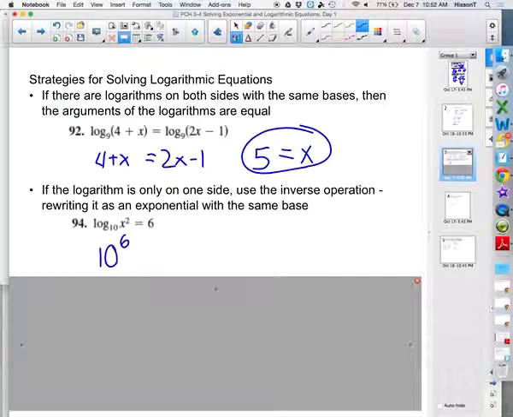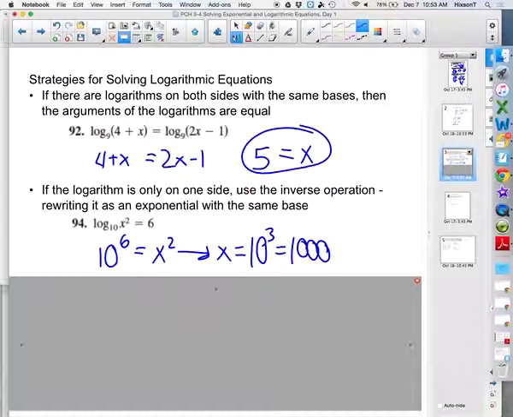10 to the 6th. 10 is the base, 6 is the exponent. That will give us x squared, and that means that x equals 1,000, 10 to the 3rd, which is 1,000.